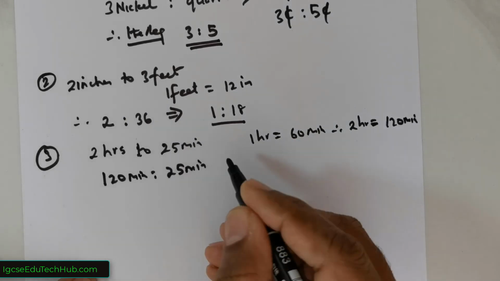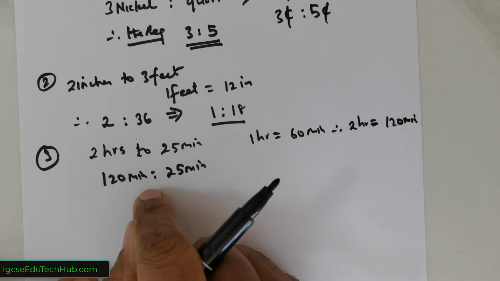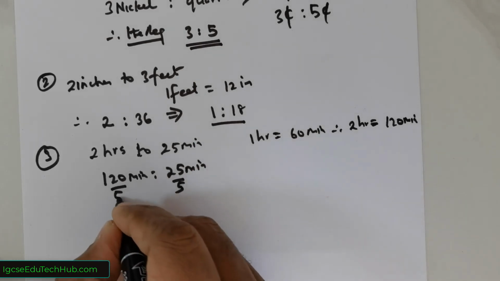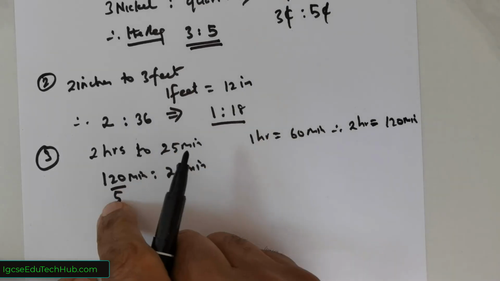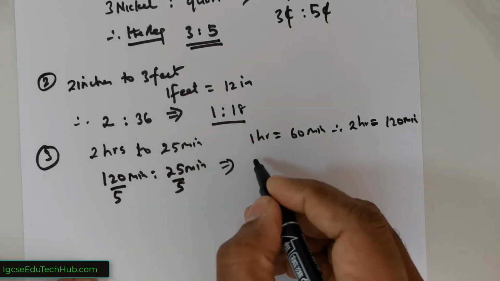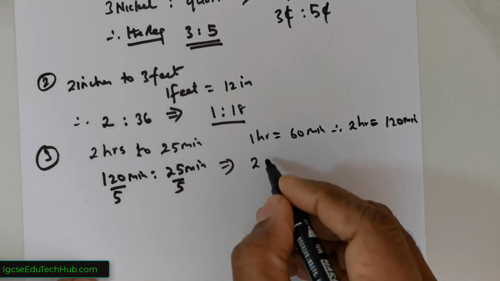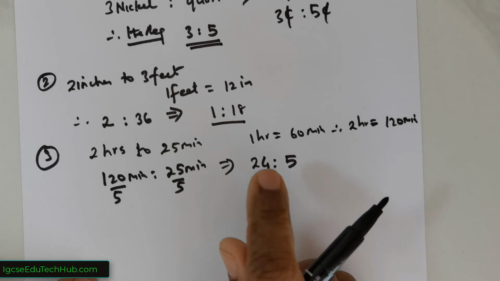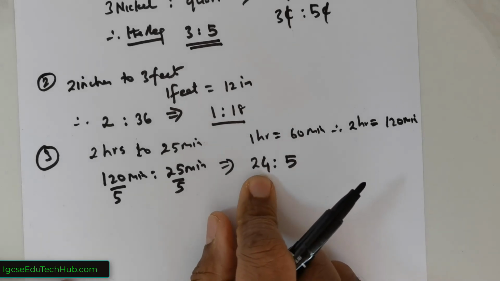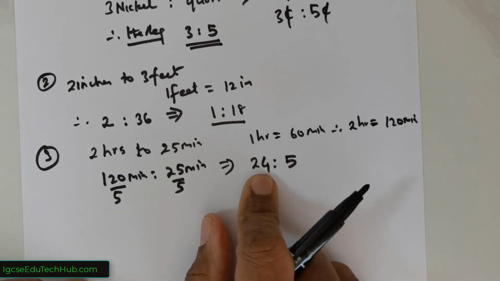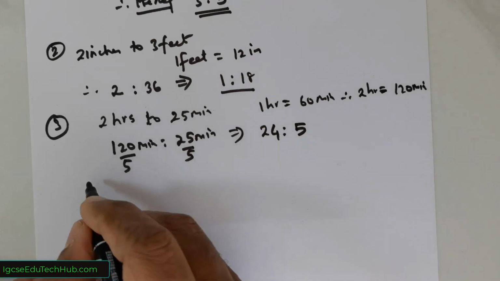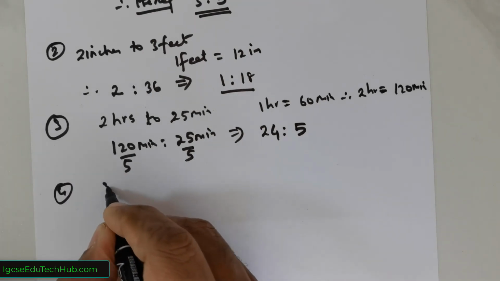Now is there any common number that can divide 120 and 25? I can use 5 to divide both. 5 divides 120 twenty-four times, and 5 divides 25 five times. So this is the representation: 24:5.